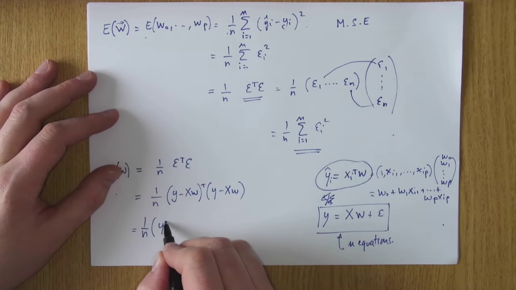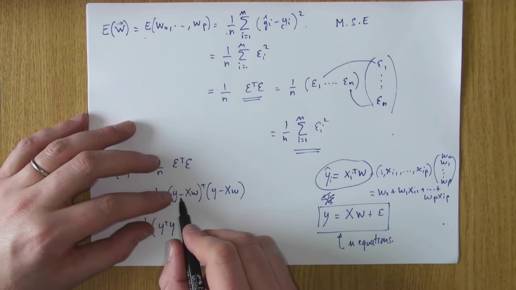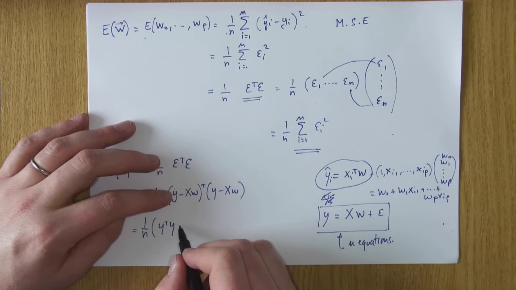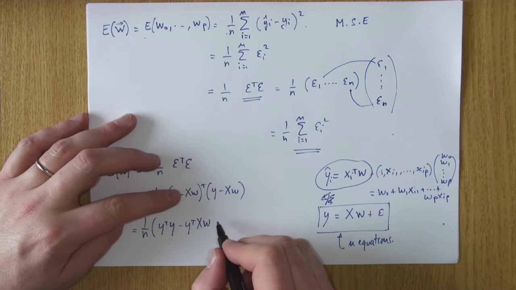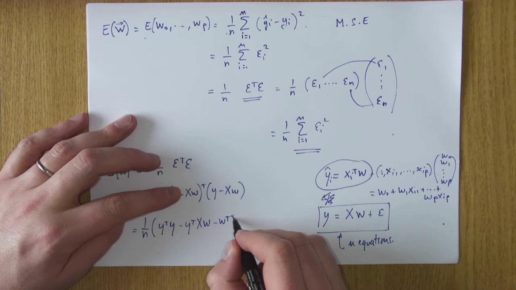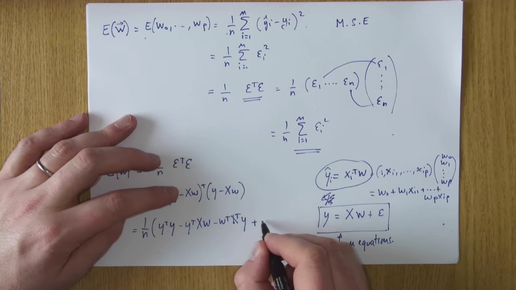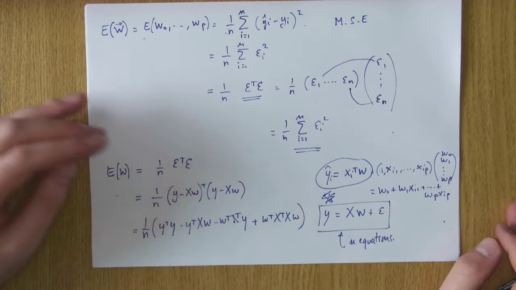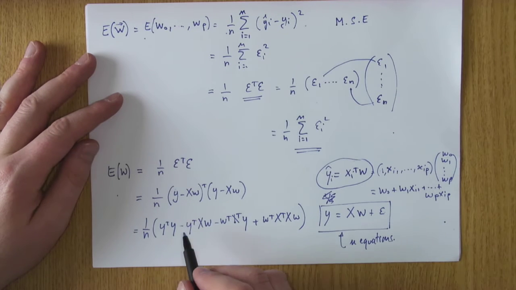So that would be y transpose times y, and then I have minus y transpose Xw, and I have minus w transpose X transpose y, and then the last one will be plus w transpose X transpose X w. Okay, so this is the expression you have for it. Okay.